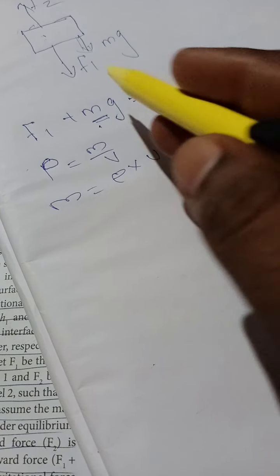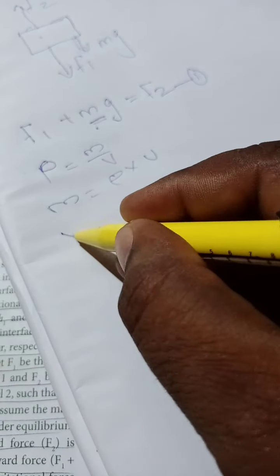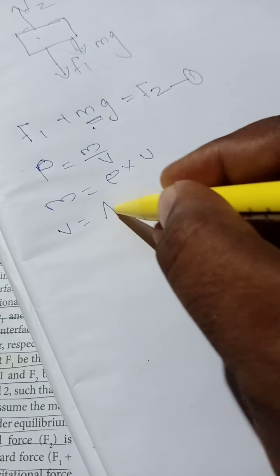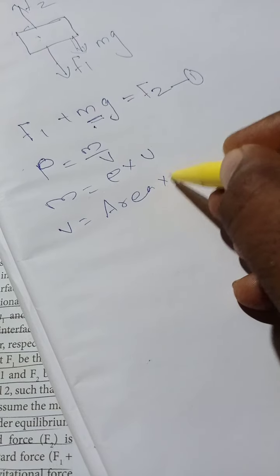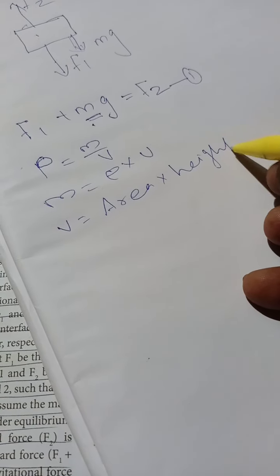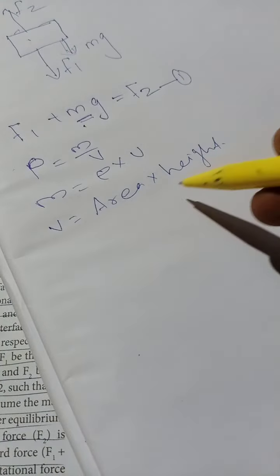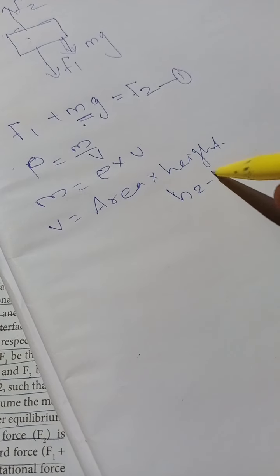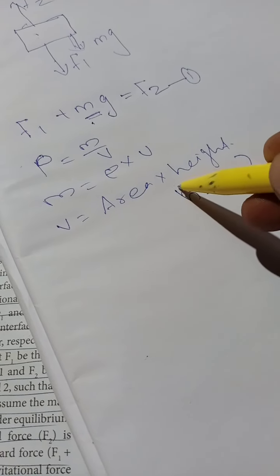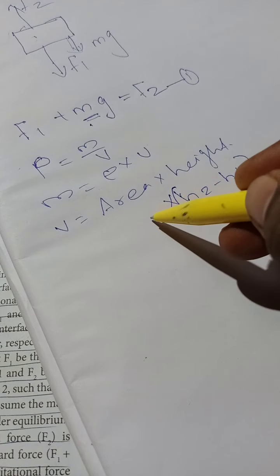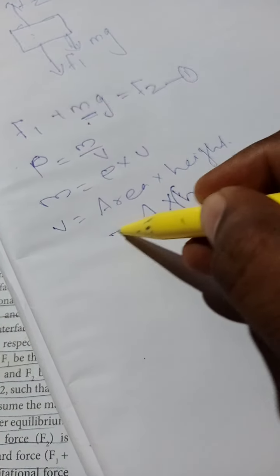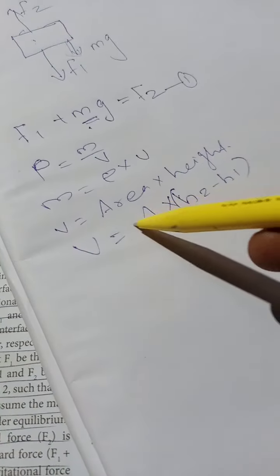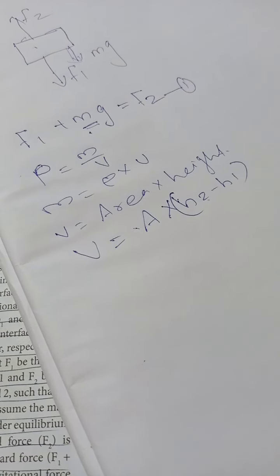Now, the volume of this sample. Volume of the sample we can find by using volume is equal to area into height. Here height means the height difference H2 minus H1, and area A. So V is equal to A into H2 minus H1.